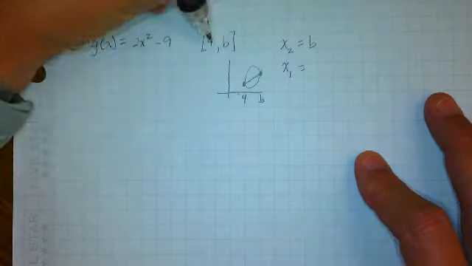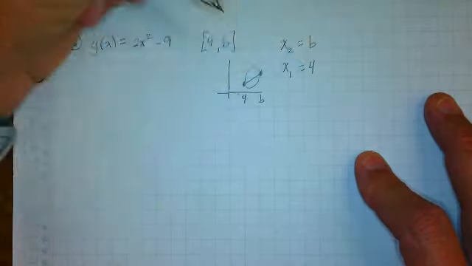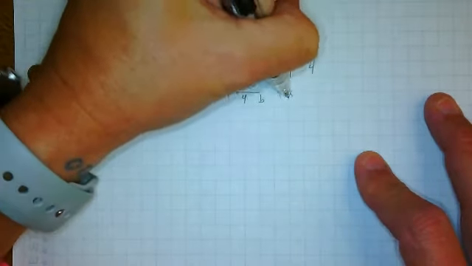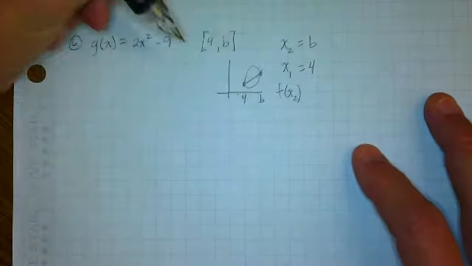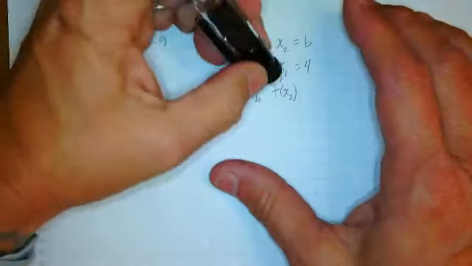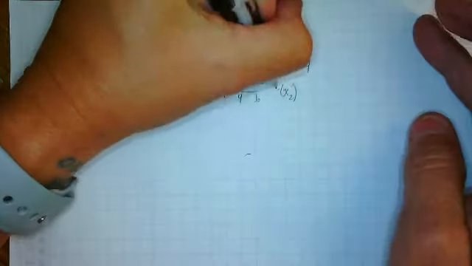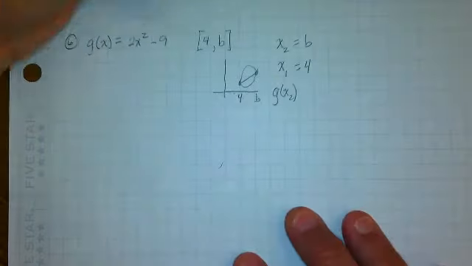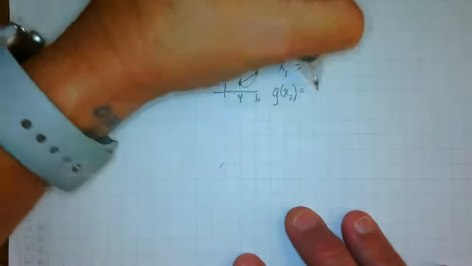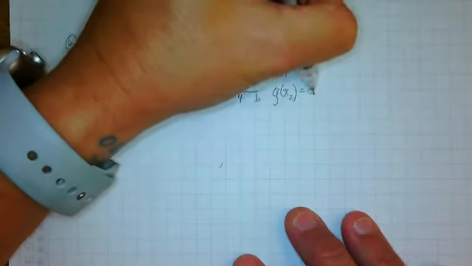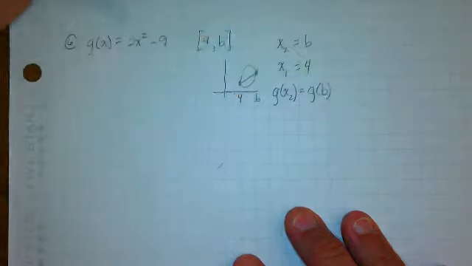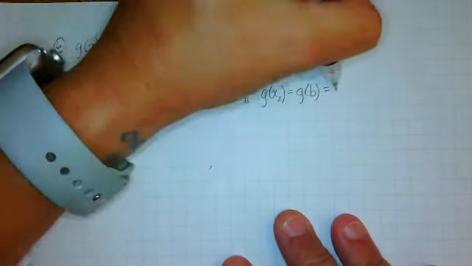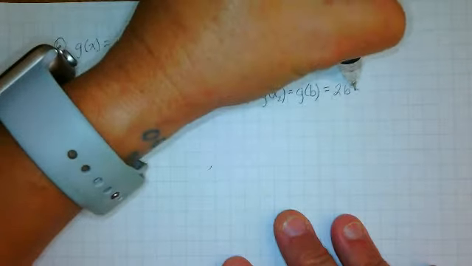So x2 is the larger number, so it's b. x1 is your smaller number, 4. G of x2 has to follow the rule. Oh, it's a g. Since x2 is b, this is going to be whatever g of b is.